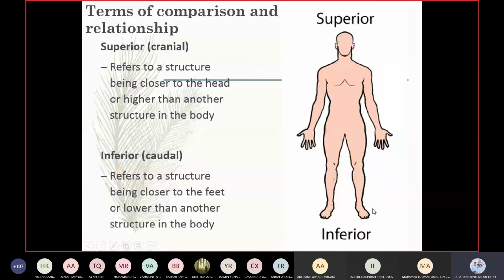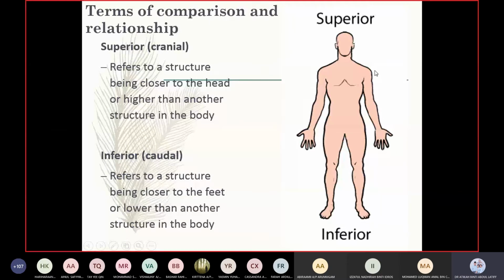So for example, if you have a lesion here, how do you describe it? Say this man has a cut inferior to the knee. You say inferior because it's closer to the foot.